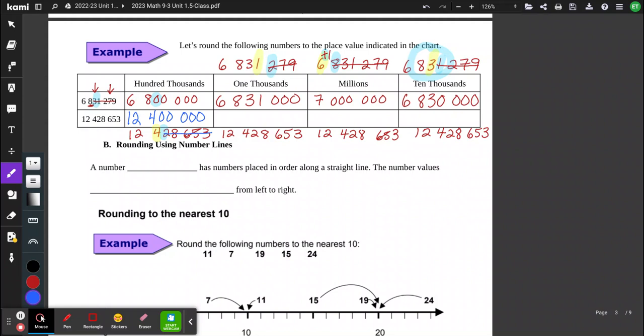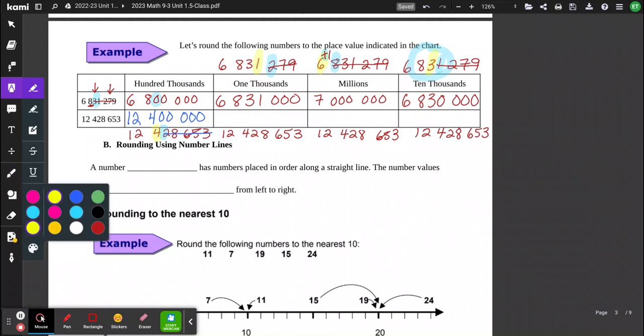Okay. Taking a look at the next one, 1,000s place. The 1,000s place is right here. Oh, wrong color. The 1,000 place, we got to put him in yellow. So yellow guy is the 1,000s. So we look at the number right after him. It's a 6. So what does the 6 do? Makes an add 1. Good.